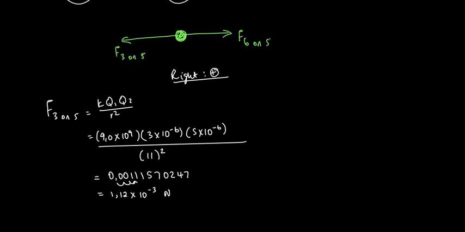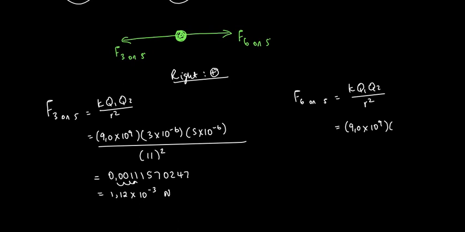And then we go to the force of 6 on 5, of which now that one will be k q1 q2 all over r squared. And then we're going to say 9.0 times 10 to the power 9.